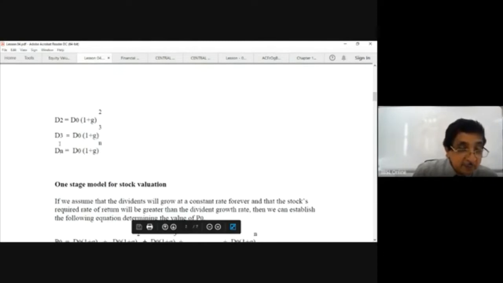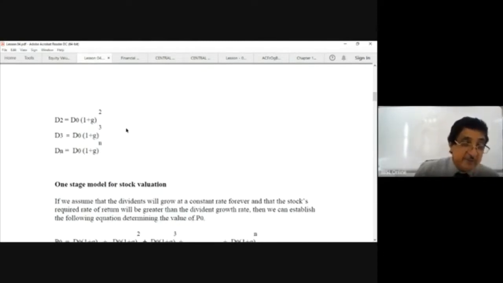So then this can be taken as a certain pattern. If you go to Dn, Dn is the nth year dividend. It is equal to D0 into 1 plus G to the power n.